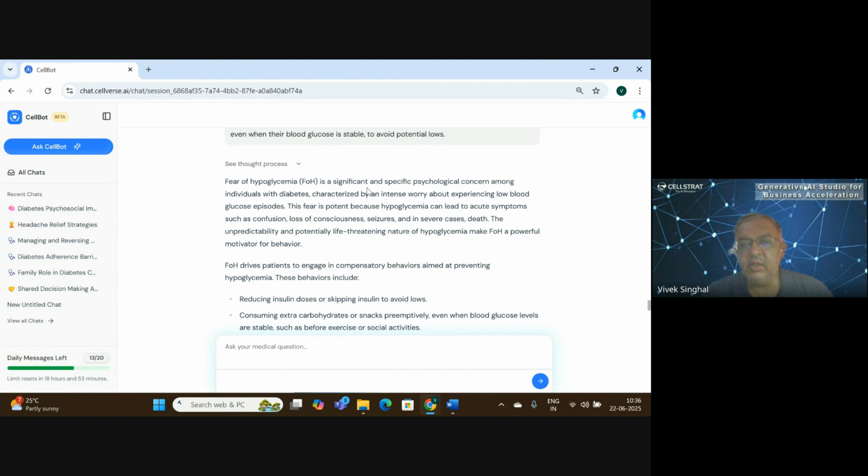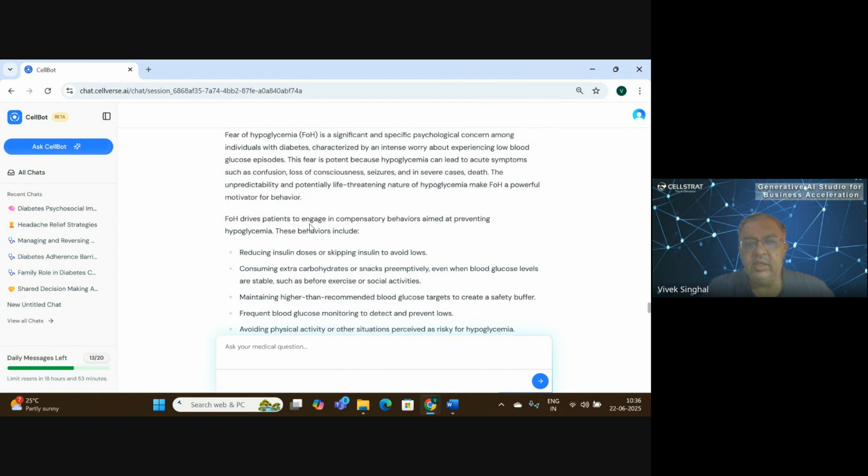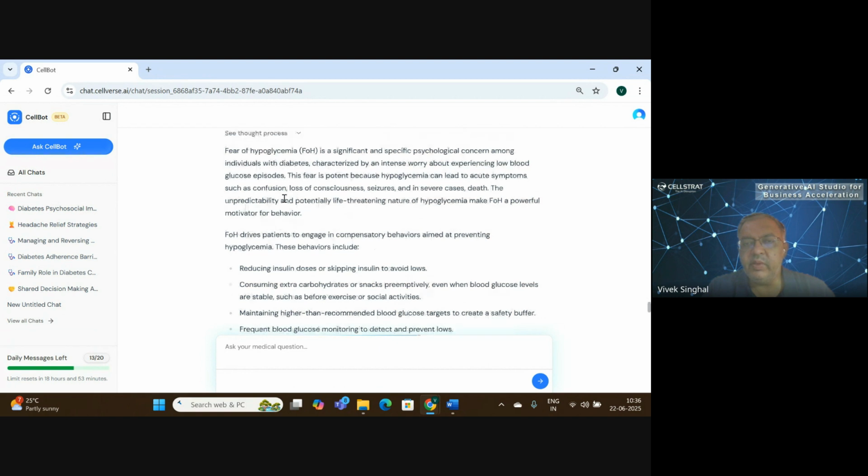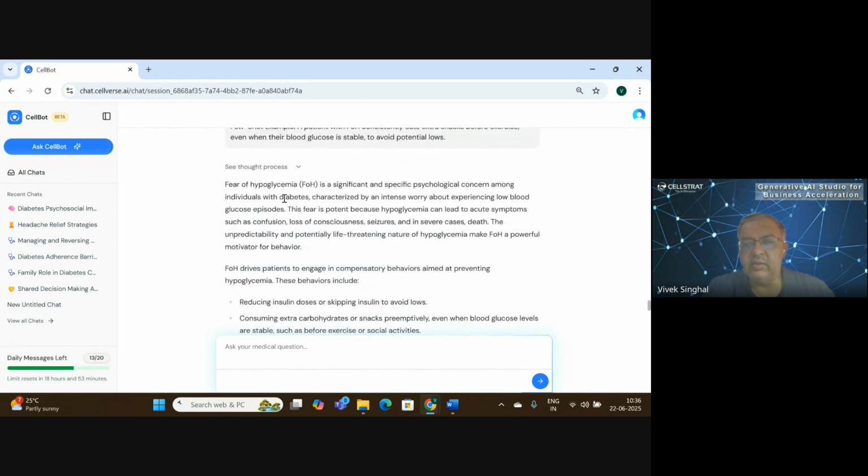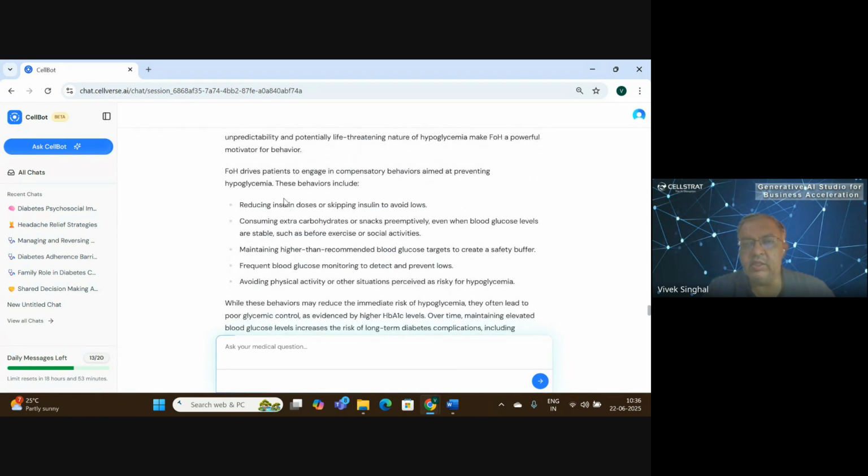If blood sugar is very low, it can fail many body organs and also lead to mental failure, seizure, loss of consciousness, and in severe cases death. The unpredictability and potentially life-threatening nature can make FOH a powerful motivator for behavior. So, a person is overeating to avoid low sugar. But if you overeat, then you are leading to high sugar. So both sides you are stuck.